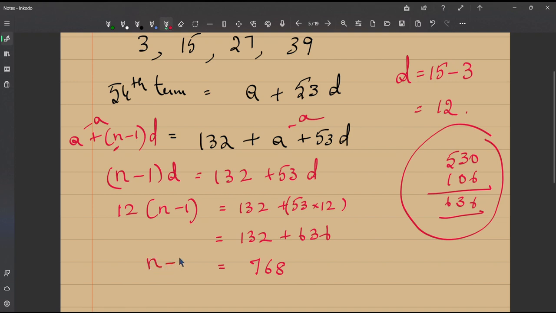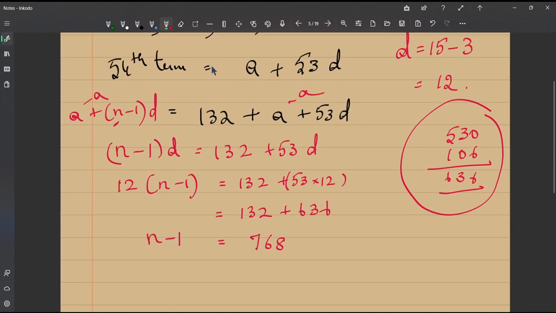So our 12 into n minus 1 is equal to 768. You divide this side also by 12 and this side also by 12. After simplifying, we get n minus 1 is equal to 768 by 12. So what is 768 by 12? 12 6s are 72, 72, 4 carry over, 12 4s are 48.